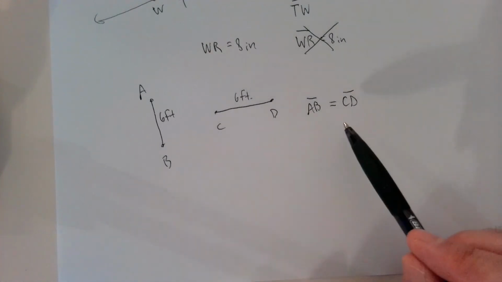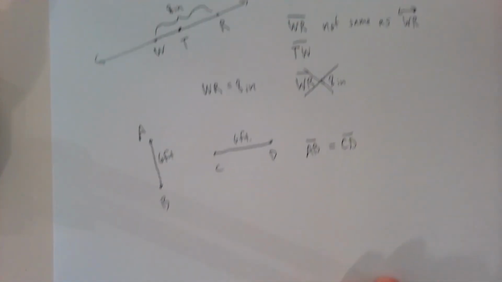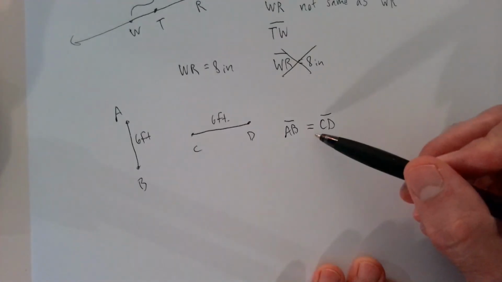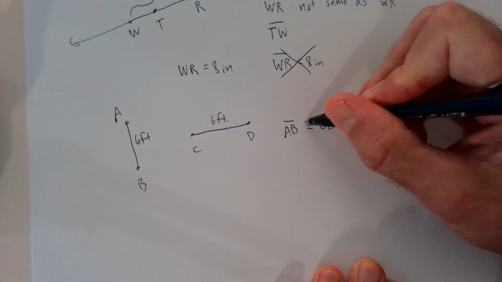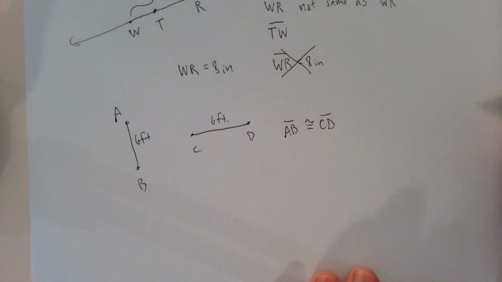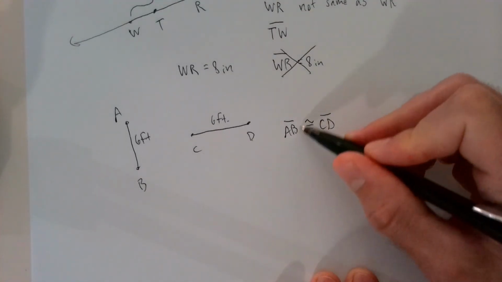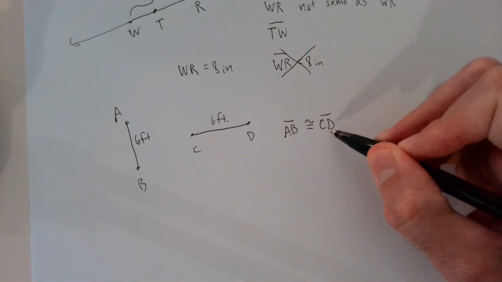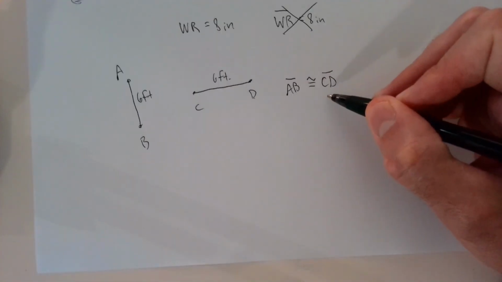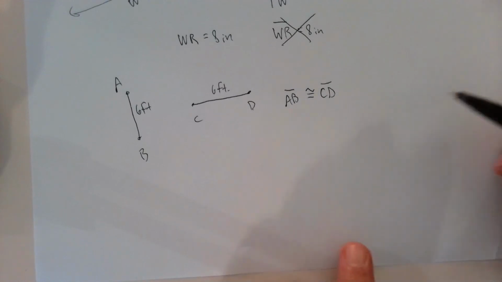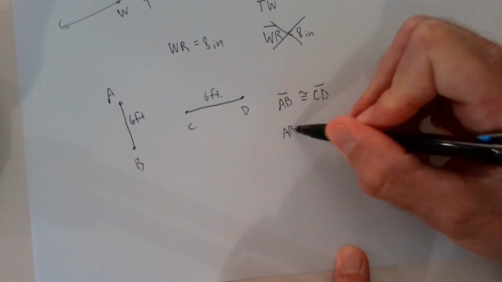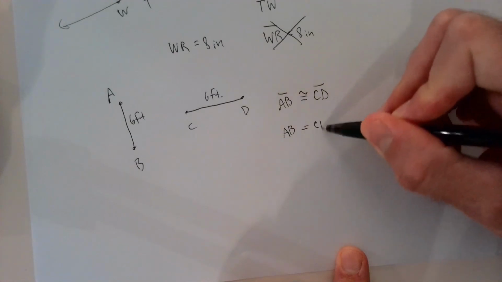How do we express that? Well, to express the idea of congruence, we have a symbol for that. We use the equal symbol, and then we put this thing called a tilde above. So this right here would tell us that the segment AB is congruent to the segment CD. Another way to write that, and I know this is going to take some getting used to, this is the same as saying the length of AB equals the length of CD.